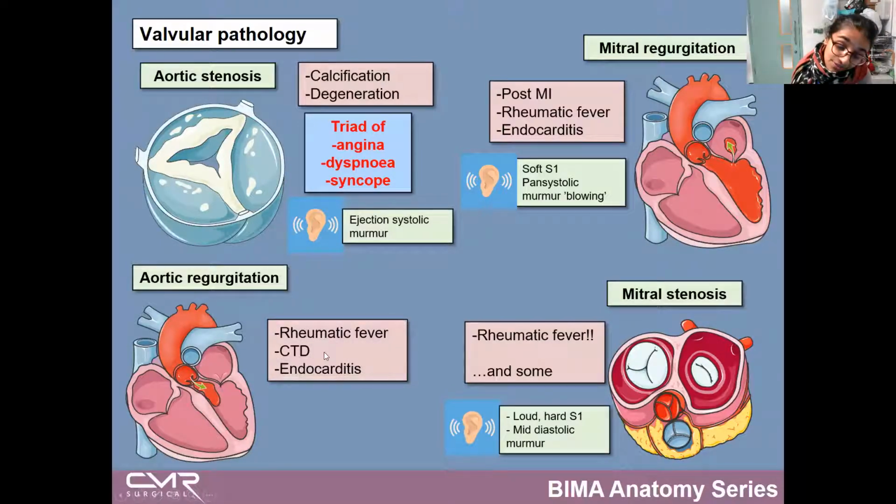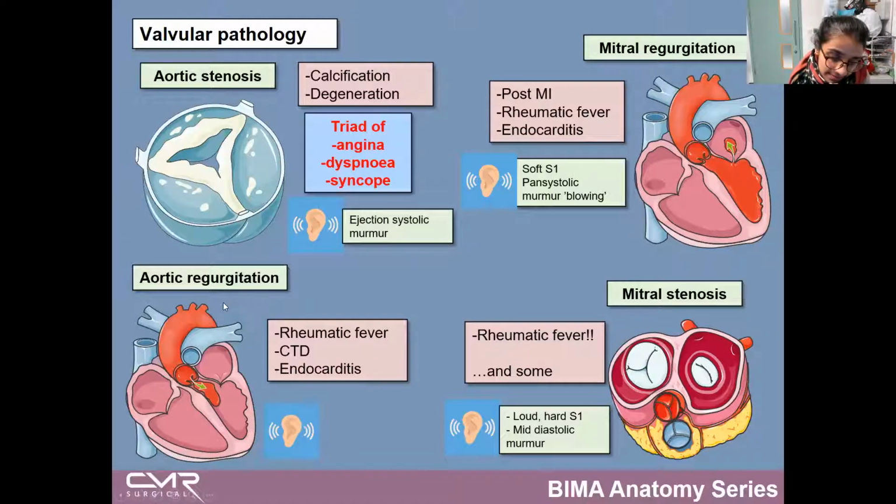Rheumatic fever is one of them, but also connective tissue diseases, such as Marfan's, can cause your valves to be a bit funny and cause aortic regurg, as well as mitral stenosis, but not as commonly. Endocarditis as well, as mentioned earlier, where bacteria can sit on the valves and cause them to not function properly.